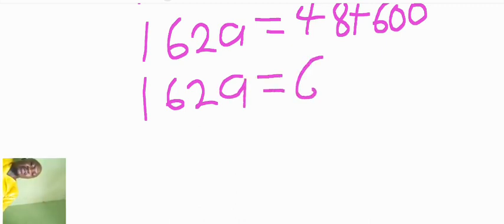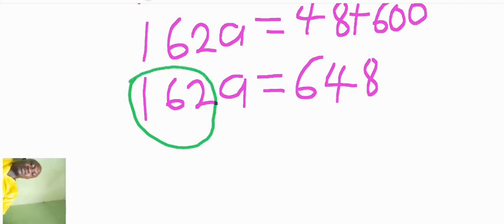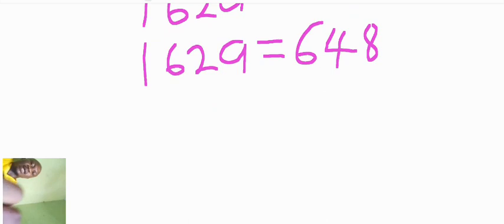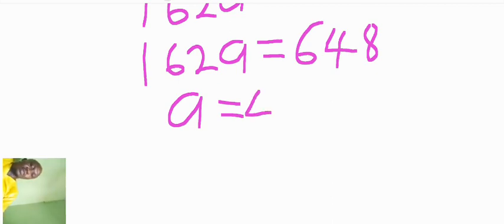That is 648. So in order to get the value for a, I need to multiply both sides of the equation by the multiplicative inverse of what? 162. And if I do that, at the left hand side I will have a to be equal to, at the right hand side I'll have what? 4. Therefore the value for a is equal to 4.